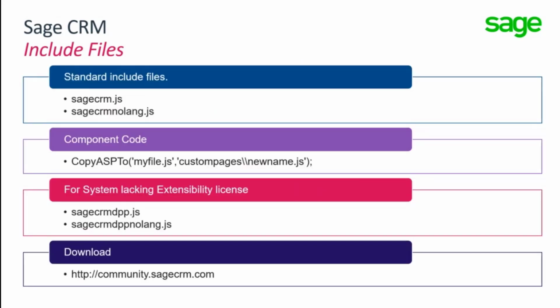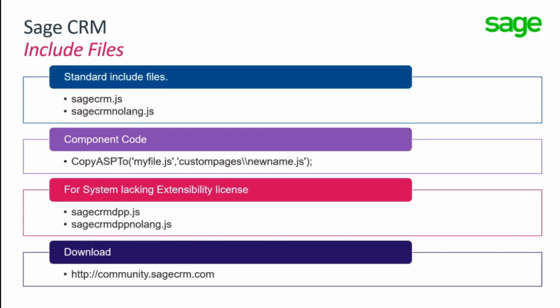I'd refer you here to the lessons that deal with customization, but just to flag up the need: customizations on ASP pages make use of include files to allow for the instantiation of the correct objects inside these classic ASP pages. So that's the Sage CRM.js file, Sage CRM nolang.js file.